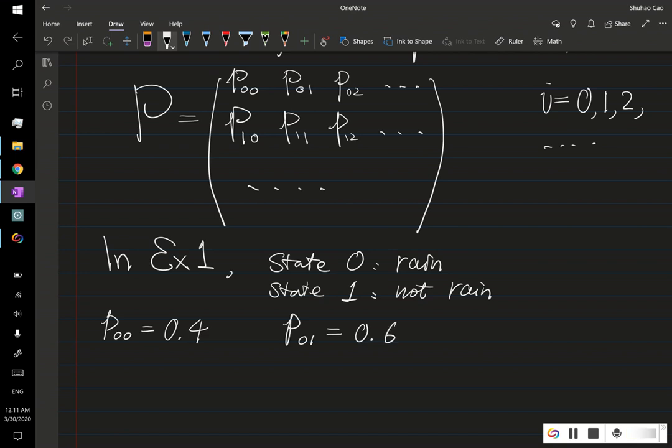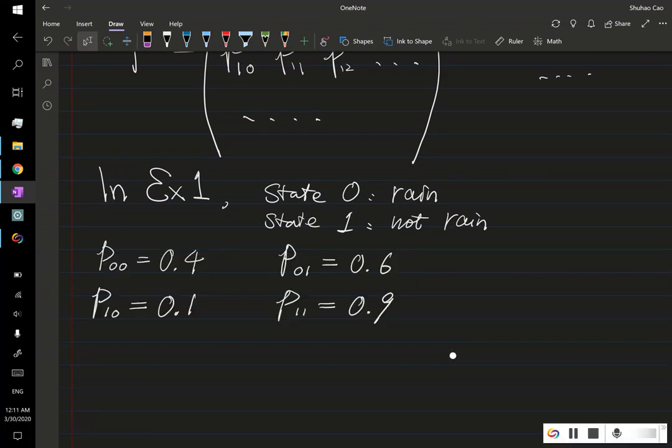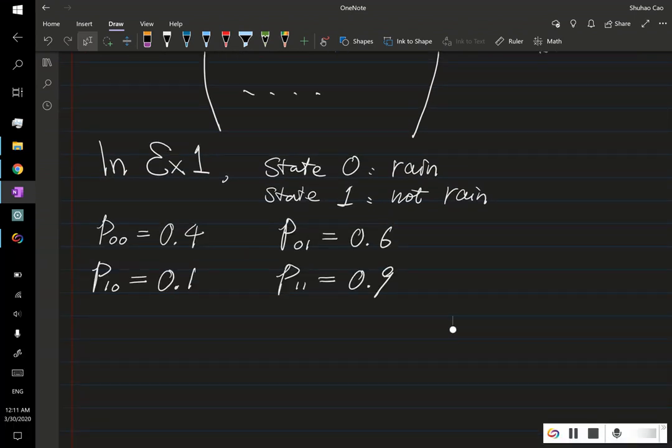And P10 is, if it does not rain today and tomorrow it's going to rain, and we assumed this was 0.1. And similarly, P11 is 0.9. It is, if it does not rain today, it keeps not raining tomorrow.